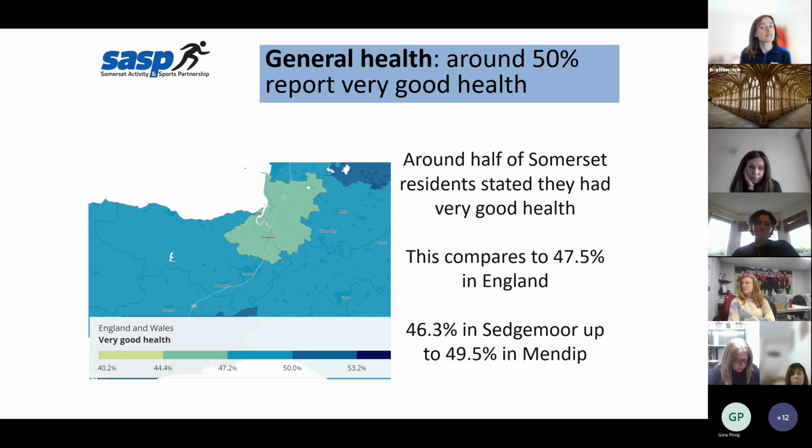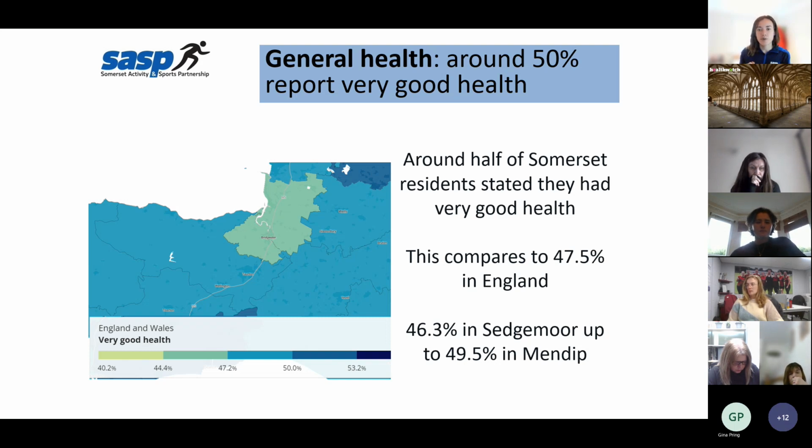Something to note is that the census was conducted during COVID, and it may have influenced how some people perceive and rate their health, and may have affected how people chose to respond. In England, the proportion of people reporting very good health increased from 2011 to 2021, up to 47.5%, whereas there were decreases in the proportion of people reporting good health, bad health and very bad health.